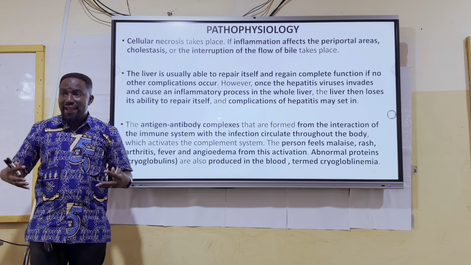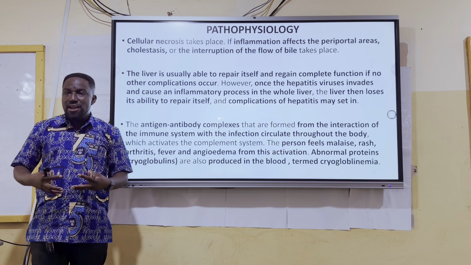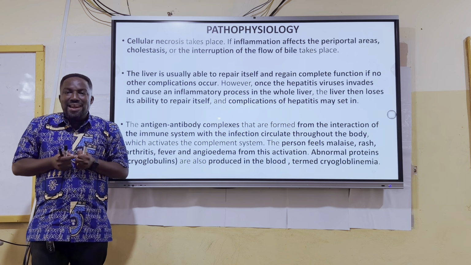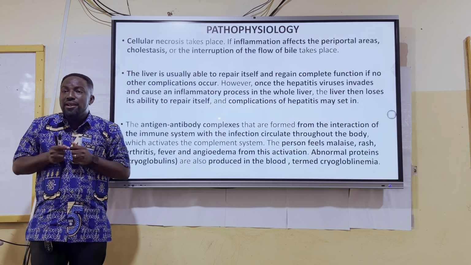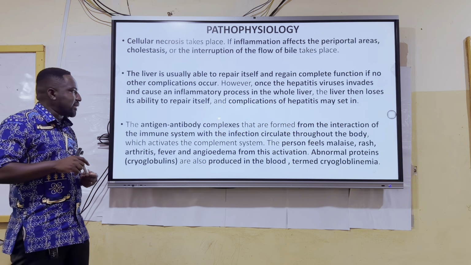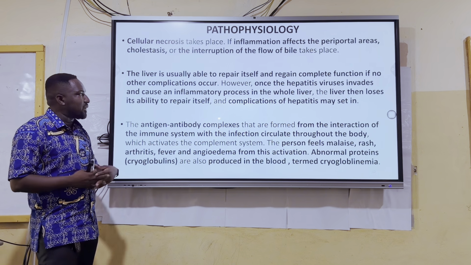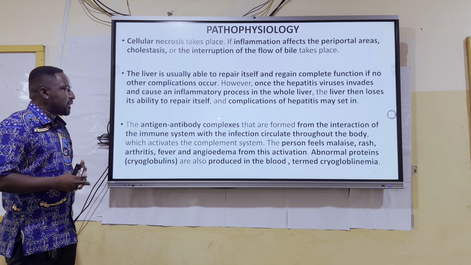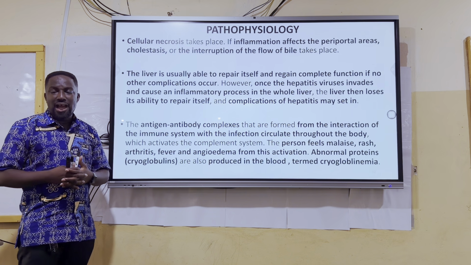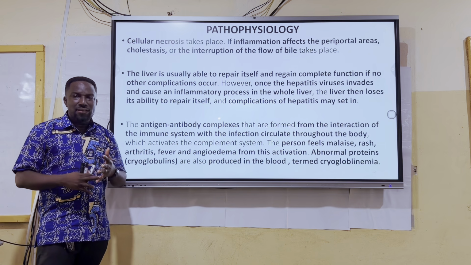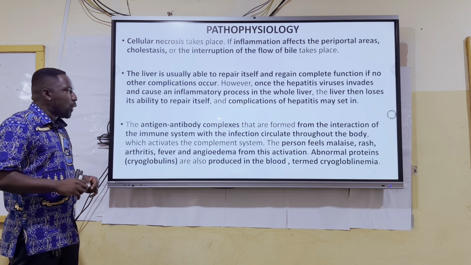In viral hepatitis, the viruses make the liver lose its natural ability to repair itself. And once the liver loses its ability to repair itself, then the complications will now set in. And there are a lot of complications as far as hepatitis is concerned. There's liver failure, liver cirrhosis. We are going to talk about them.